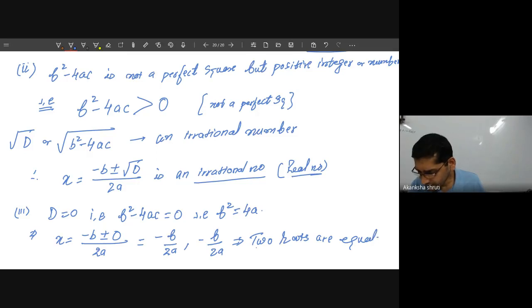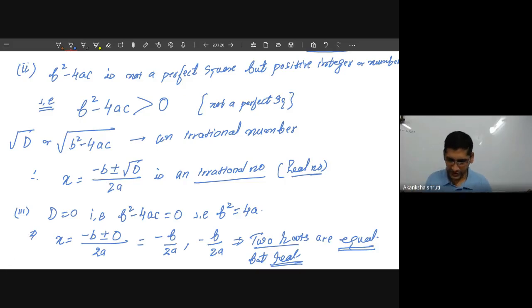So they are equal, but they are also real. The good thing is that if a, b, c are rational, unless or until they are irrational, it will be a rational number. So the roots are equal, but they are also real. Maybe rational or irrational. Okay, this is the third possibility.